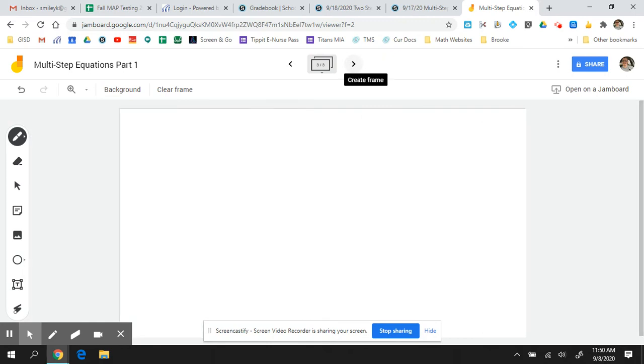So the first example is going to be 4 parentheses x plus 1, and close your parentheses, equals 2 parentheses x minus 2. All right, so we have distributive property on both sides of our equal sign.